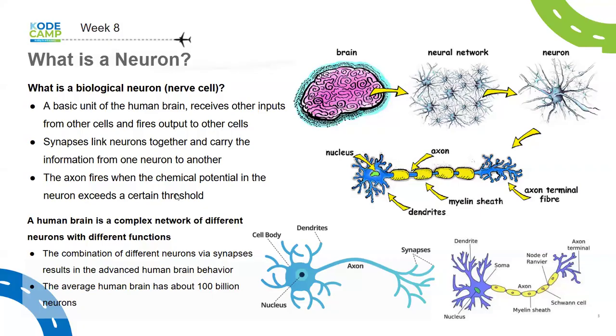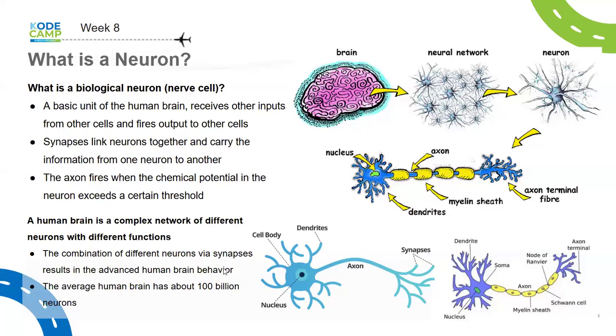The average human brain has about 100 billion neurons. Of course, in those days, this was a large number because you could not even match that. But these days, our large language models are coming close, even though none of them has yet reached the size and complexity of a human brain.